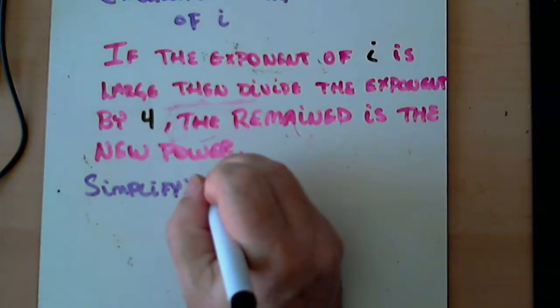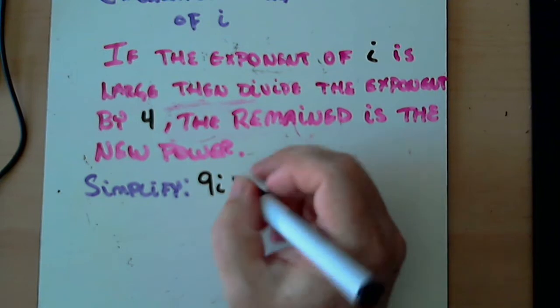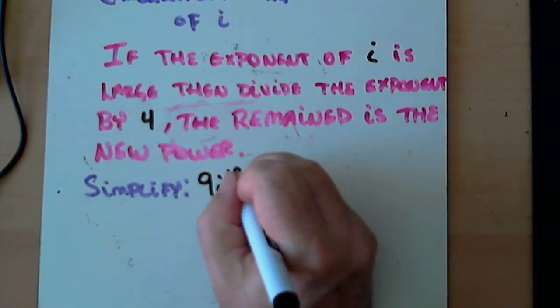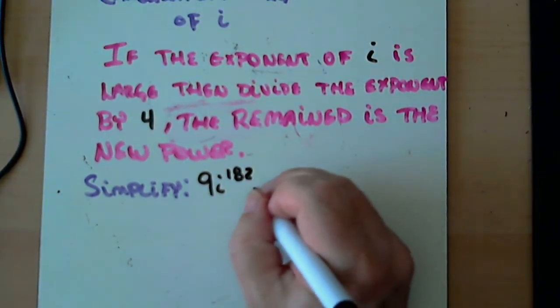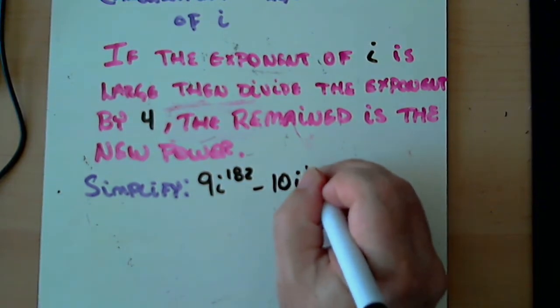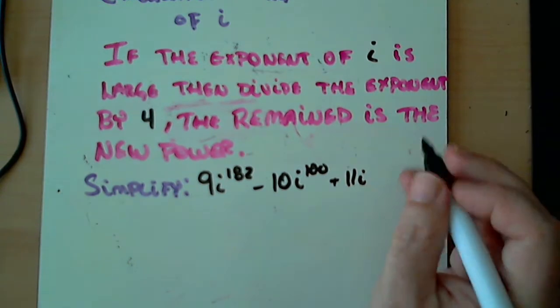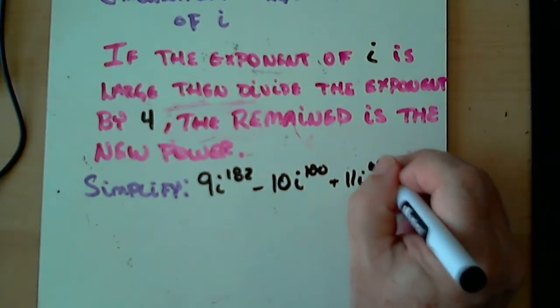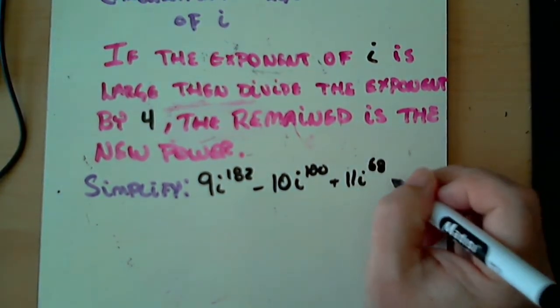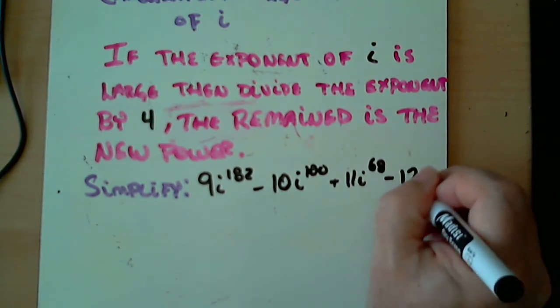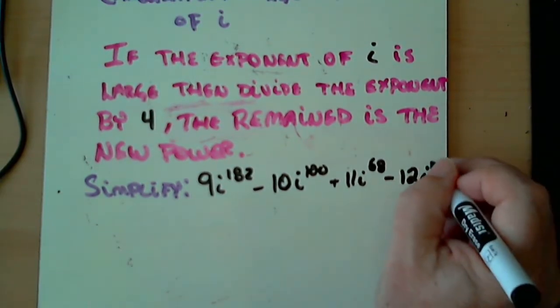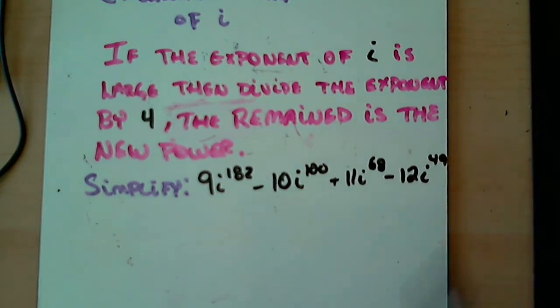This is 9i to the 182nd minus 10i to the 100 plus 11i to the 68th power minus 12i to the 49th. All right, so these are what I mean by large numbers. The exponent is large. Okay?